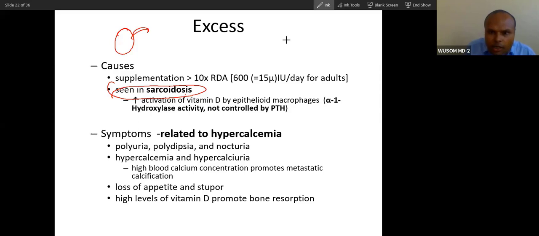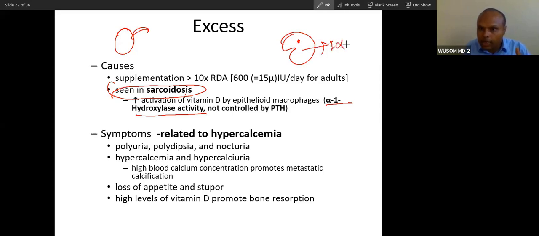In sarcoidosis patients, macrophages in that fibrous tissue have very high activity of alpha-1 hydroxylase, and this alpha-1 hydroxylase is not regulated by parathormone. That is why there is more production, more activation of vitamin D in these macrophages.